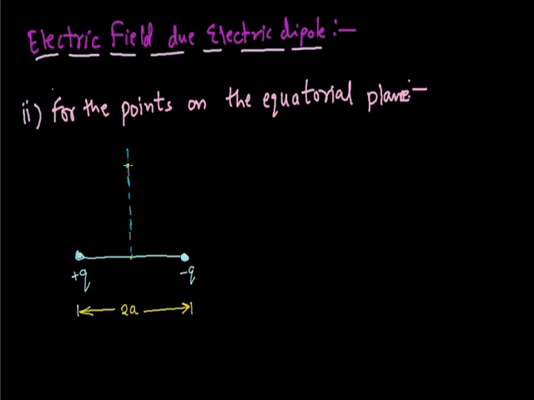We have a point P on it, at which we have to find the electric field. Let's say this point is r distance apart from the center of the dipole. The direction of the dipole is from minus q to plus q.